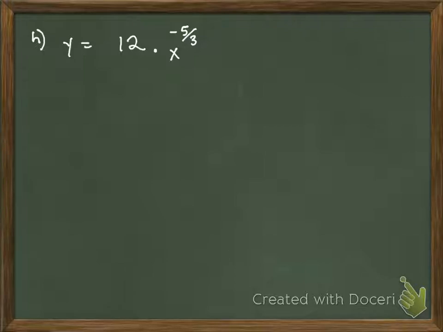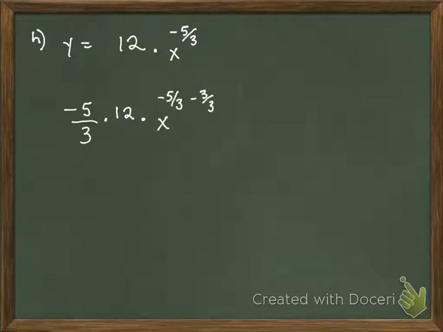Okay? So now we're going to use our power rule. So this is negative 5 over 3 times 12 times x to the negative 5 over 3 minus 1, which is like saying minus 3 over 3. Because 1 is 3 over 3.